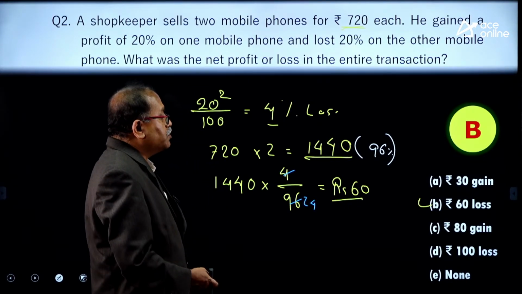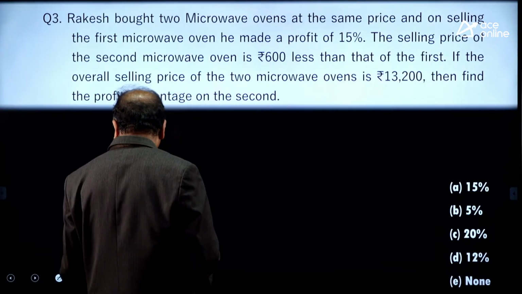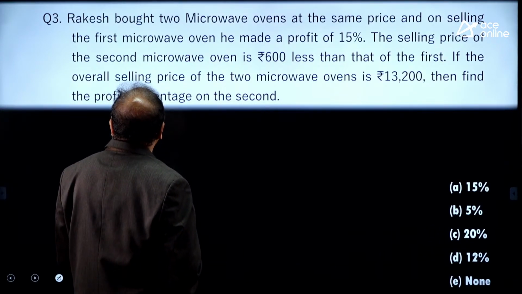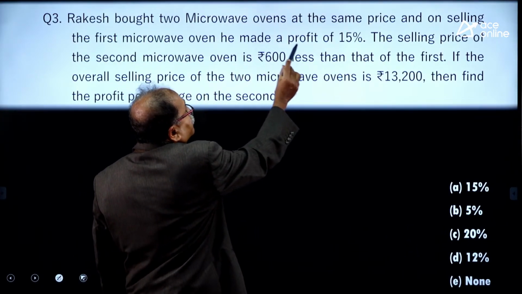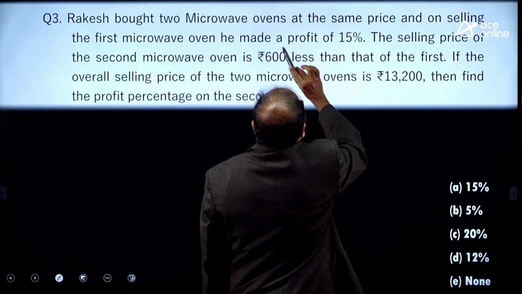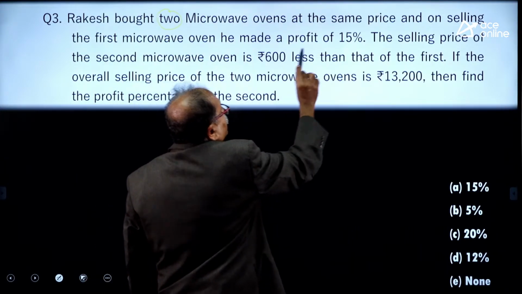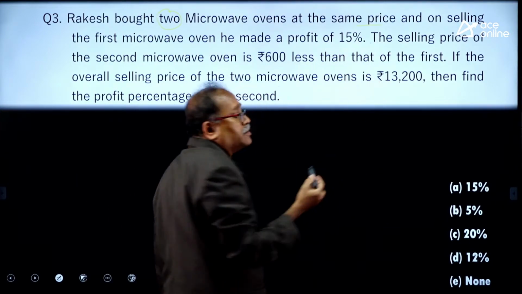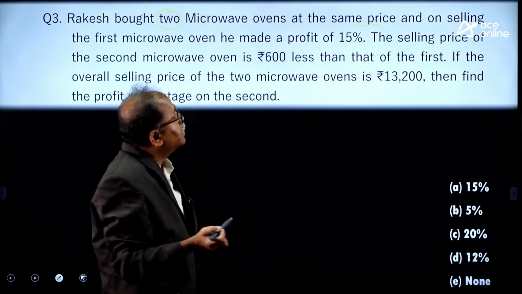And the next one over here is this. Let us read the question, then I will give some time for you to answer it. Rakesh bought microwave ovens, how many? 2 microwave ovens with the same price. That means here the cost price of the 2 articles is the same.